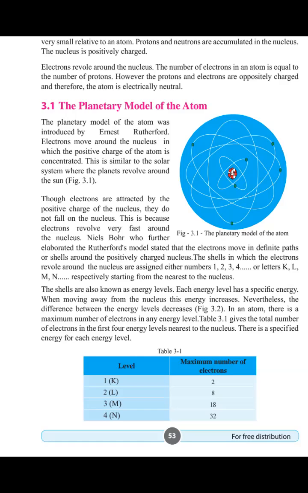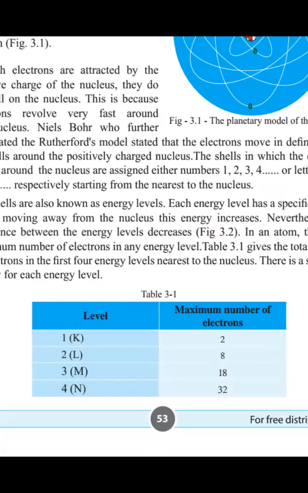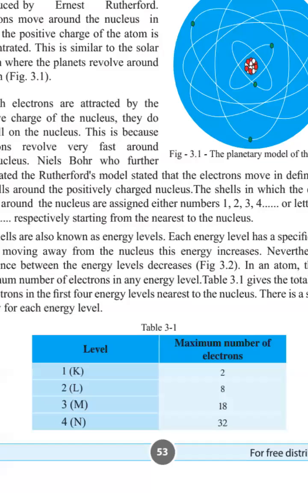If you consider the first energy level or the K level, maximum number is 2. Second energy level, L, 8. Third or M, 18. Fourth or N, 32.